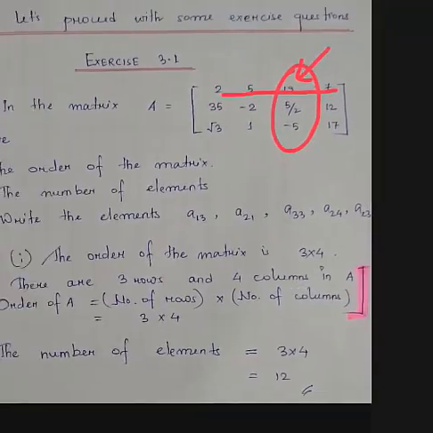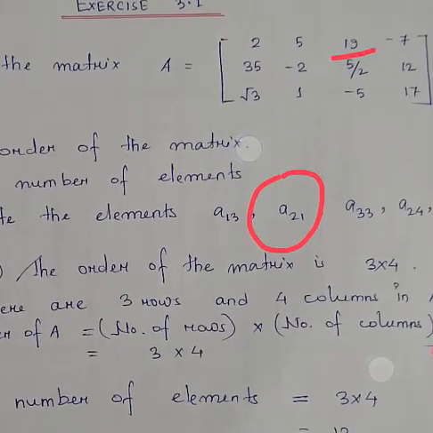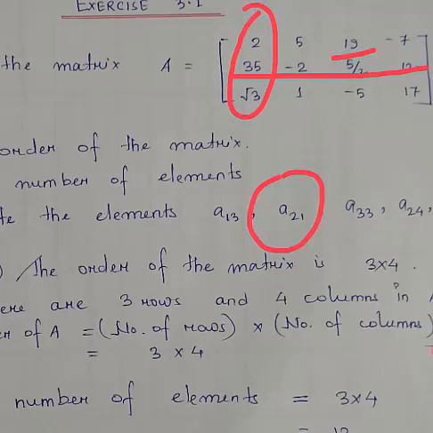So the answer is 19. Next is A21. A21 stands for the second row and the first column. The term present in the second row and first column is this one. So the result is 35.